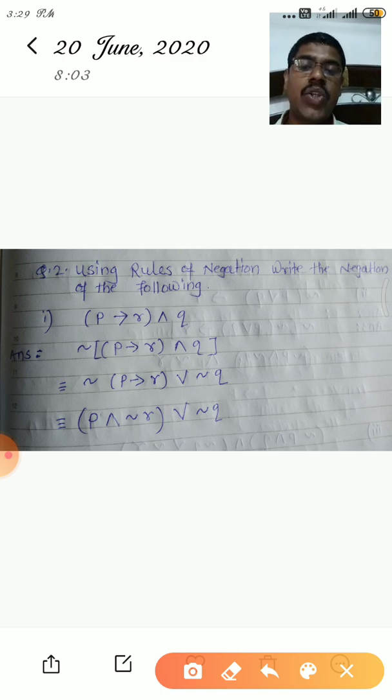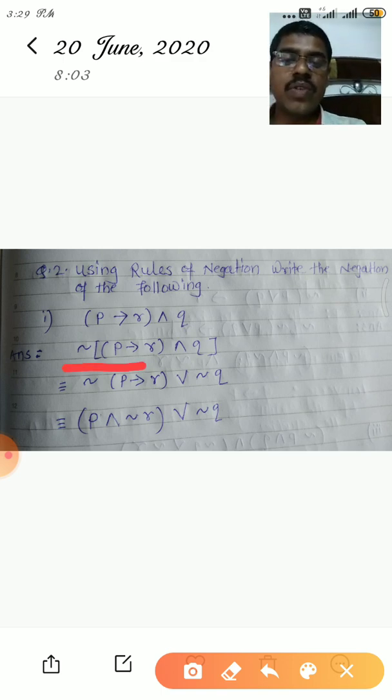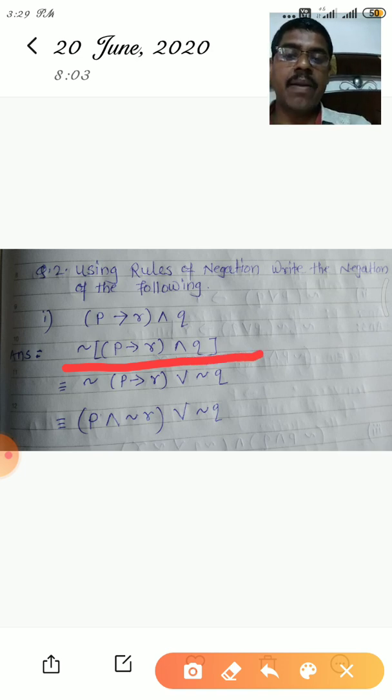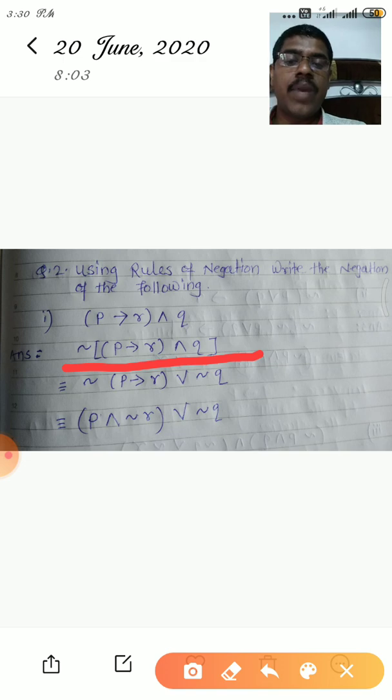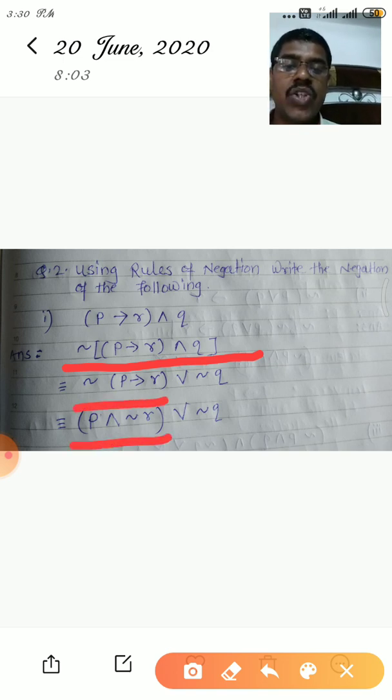First, P conditional R and Q. The negation of this is negation in bracket P conditional R and Q. We first apply De Morgan's law: the negation of the conjunction, converting the AND into OR, gives negation in bracket P conditional R, or negation Q. Then we apply the negation of a conditional statement: the negation of P conditional R is P and negation R, and negation Q stays as it is.